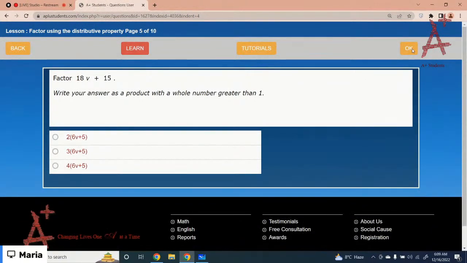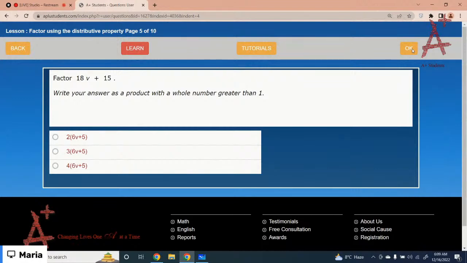Okay, 18v plus 15. Which is the correct option? Which is a common number that can divide 18 and 15? That would be 3. Got it? So 3 times 6 is 18 and 3 times 5 is 15.